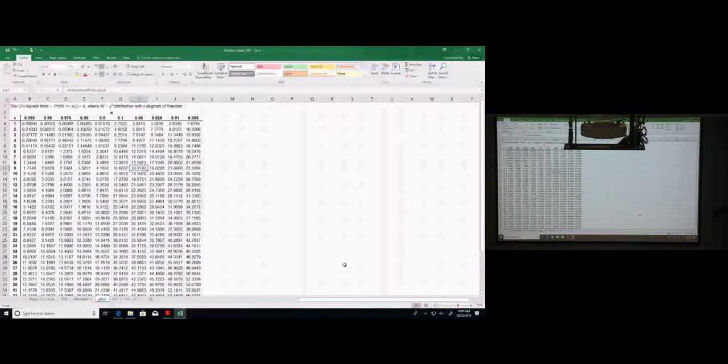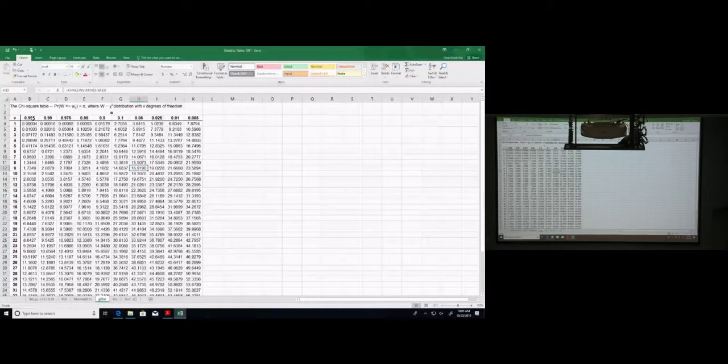So this is the chi-square, and the different rows are for different degrees of freedom. Chi-square is basically used, at least in our module, for hypothesis testing or confidence interval constructions. So we are only interested in some particular numbers, all right? Basically, they are quantiles.